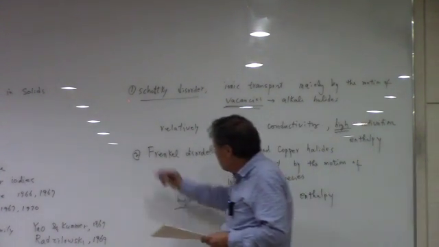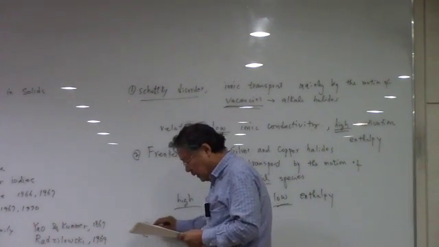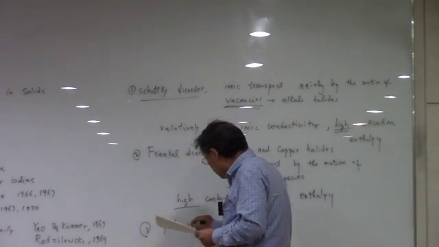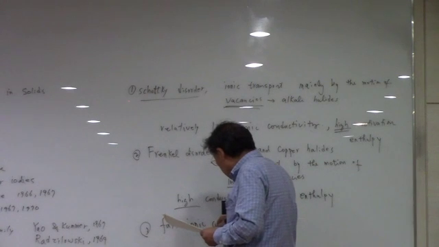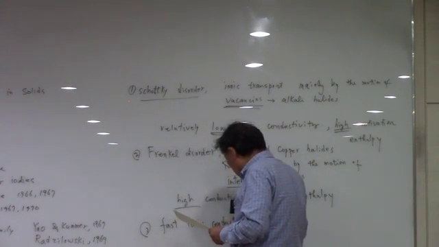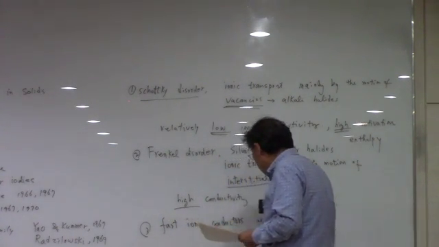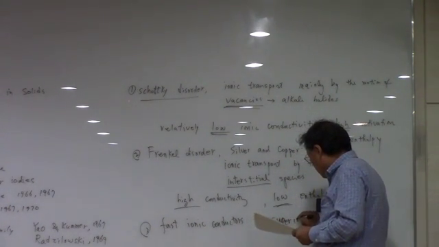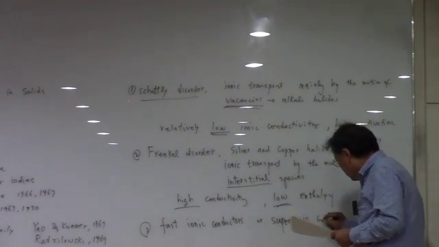We have another category. We can set fast, really fast ionic conductors, or sometimes they are called the superionic conductors.